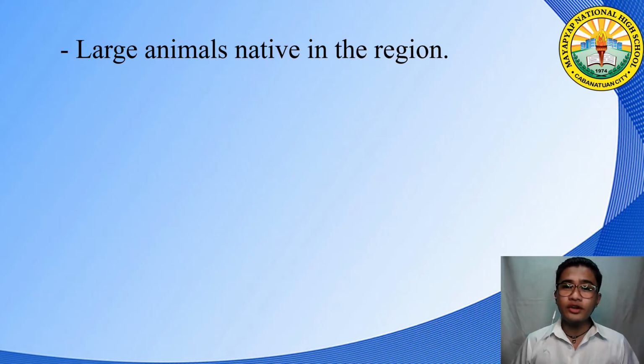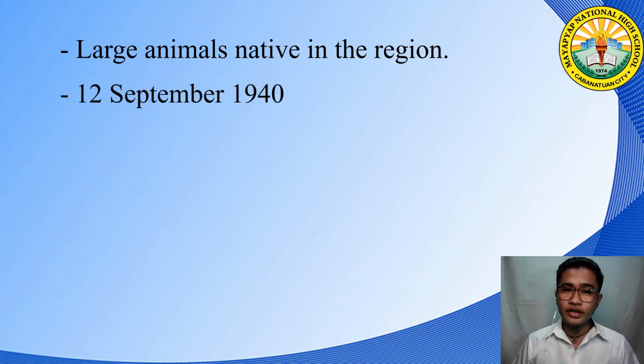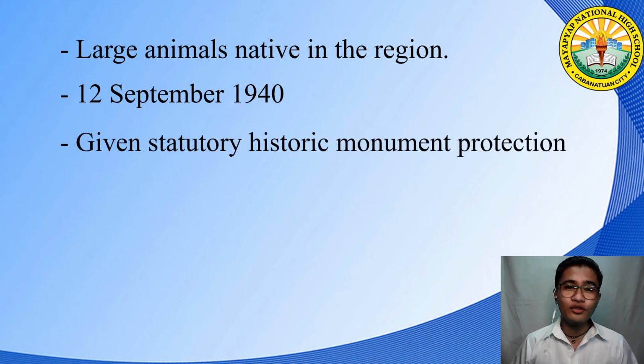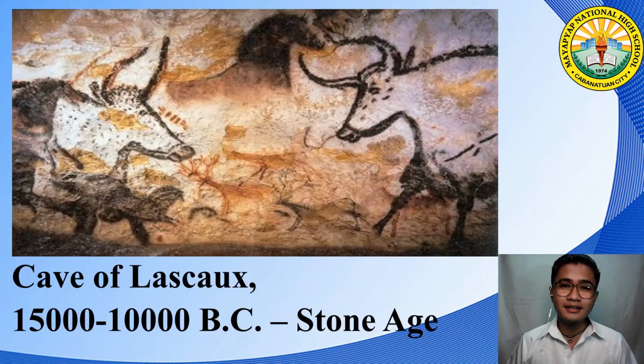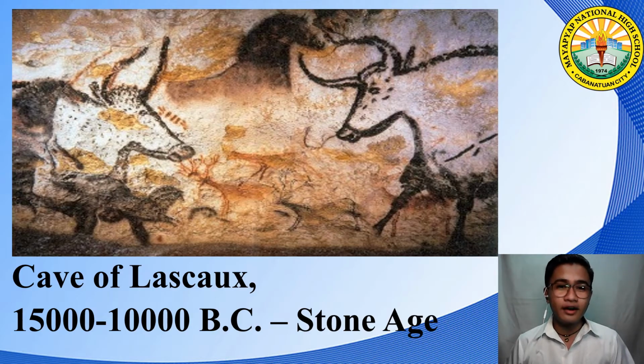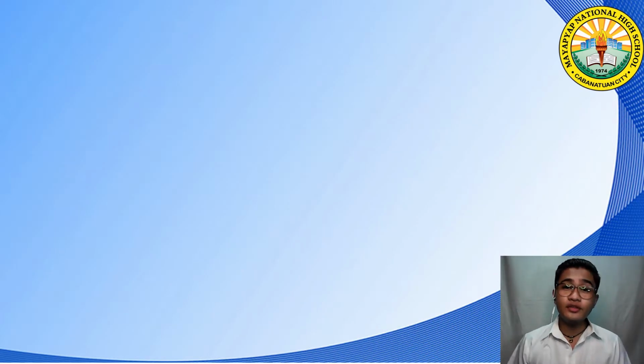It was discovered on the 12th of September 1940 and given stationary historic monument protection. The painting has nearly 2,000 figures composed mainly of animals, human figures, and abstract designs. So let's have a look again at the painting. Here it is. This is the Cave of Lascaux.